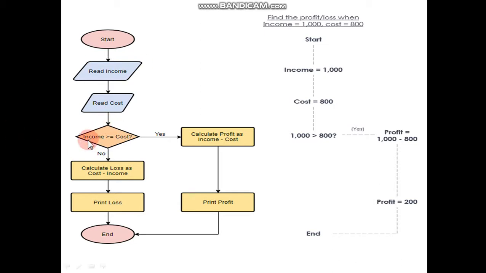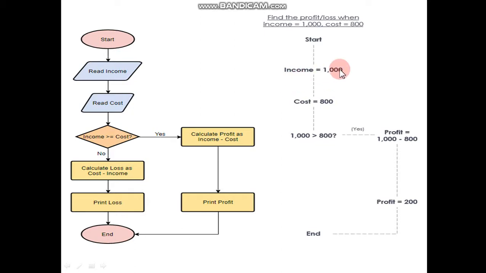So for that we require a condition like income is greater than or equal to cost, then calculate profit as income minus cost and print profit. If this condition is false, then calculate loss as cost minus income and print loss and give end.